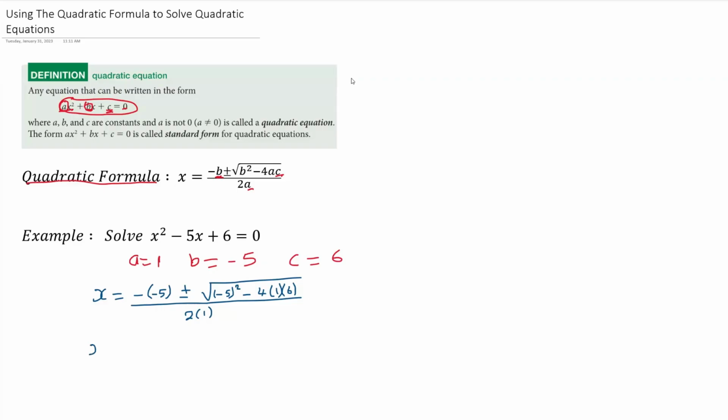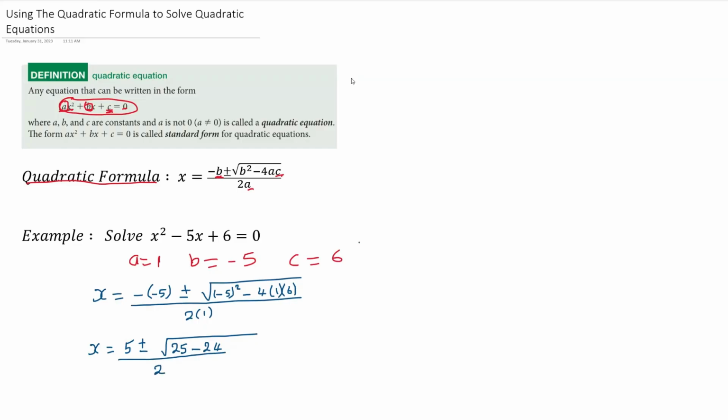So let's simplify further. Double negative, a negative times a negative is positive, so you get 5 plus or minus the square root of -5 squared, which is 25, and then 4 times 1 times 6, so that's 24, all over 2.